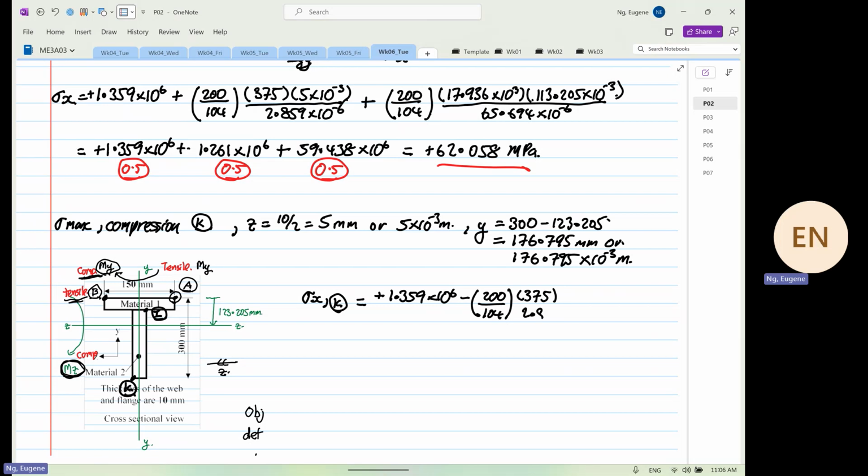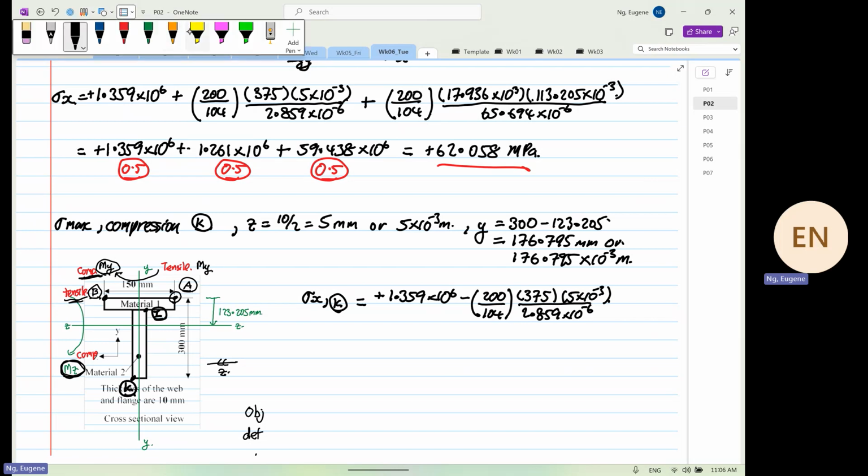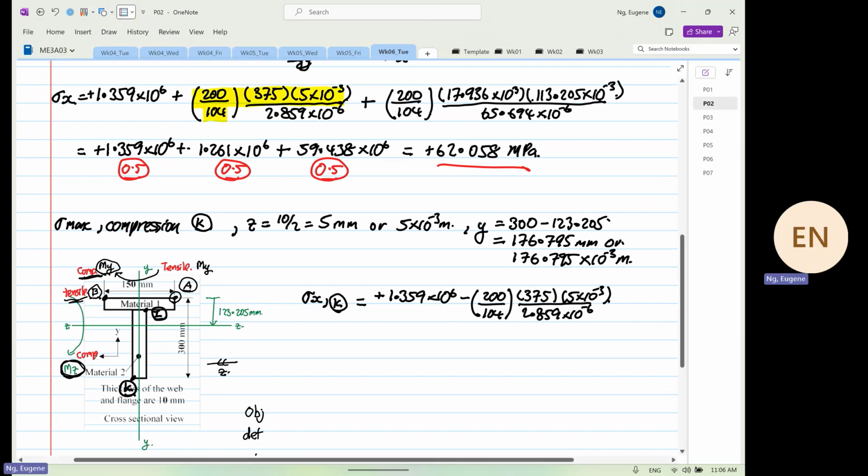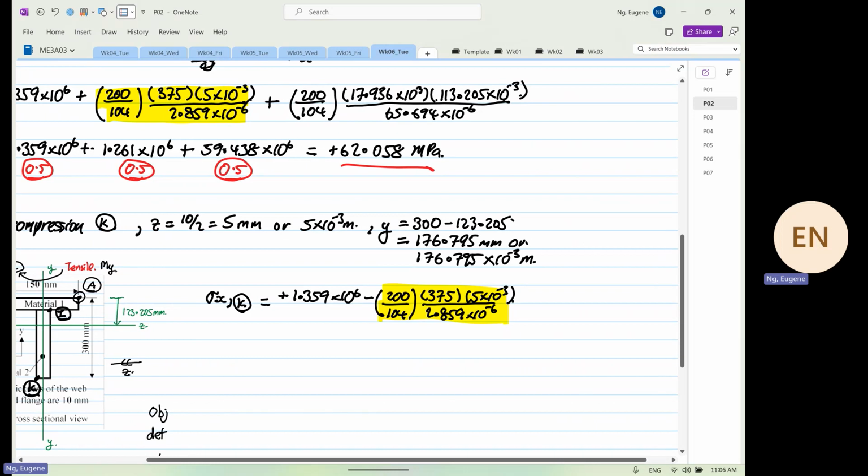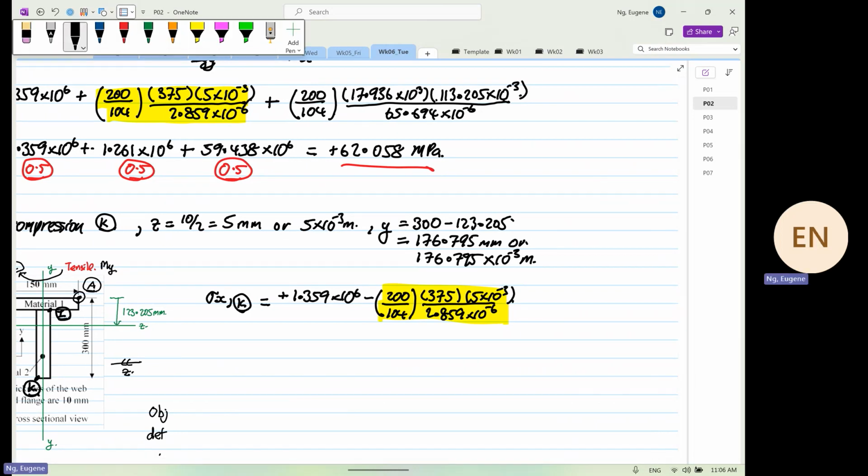The 2.859 times 10 to the power minus 6 is still the same. So this is My. We have to look at the Z. If you look at these two, this form is still the same, but the only difference is the minus.